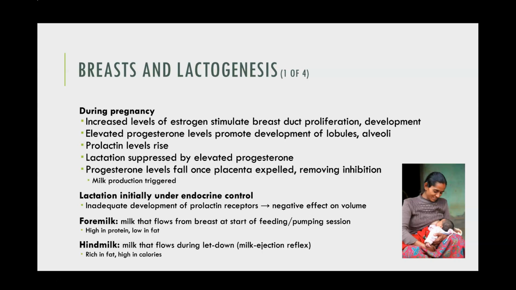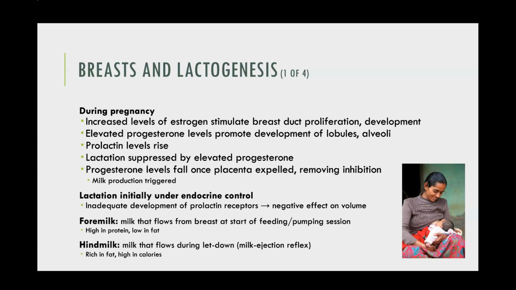But when the progesterone levels fall, once the placenta is expelled, we remove that inhibition and milk production is triggered. So that is why women start to see milk after the placenta is delivered, or after delivery of the baby. Lactation is initially under endocrine control.